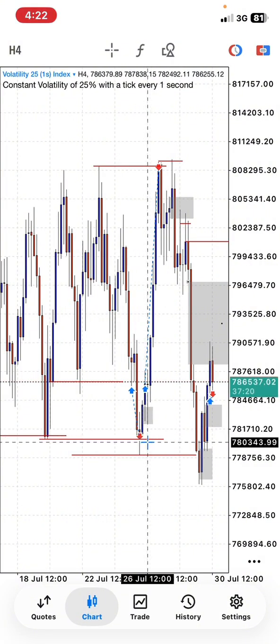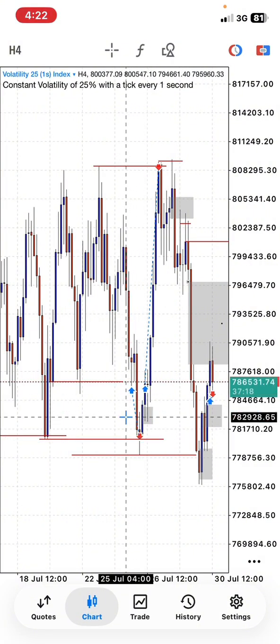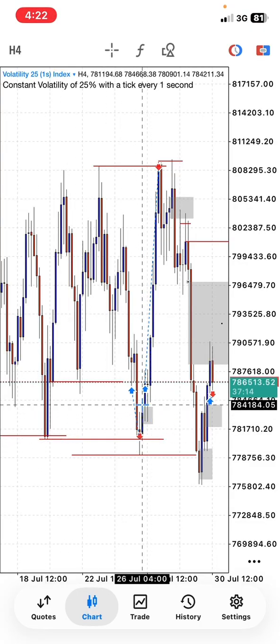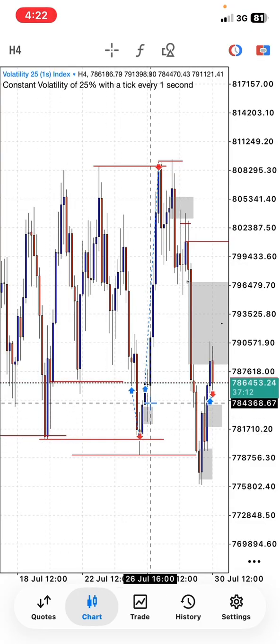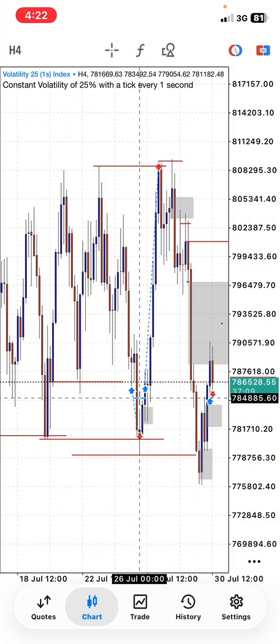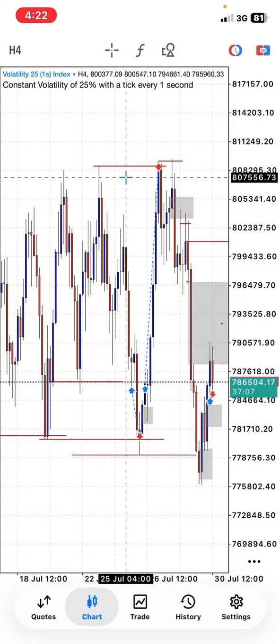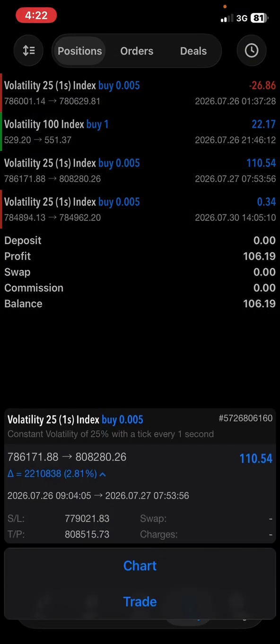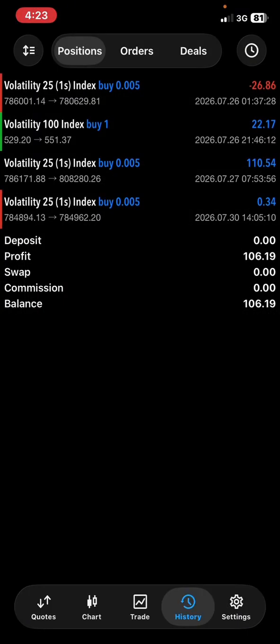That was because I did not wait for a change in displacement. Right after it wiped this place, after the liquidity sweep, it gave me the displacement here, and I entered a bit late though, but I entered and I got this trade. That was how I traded and got this 110.